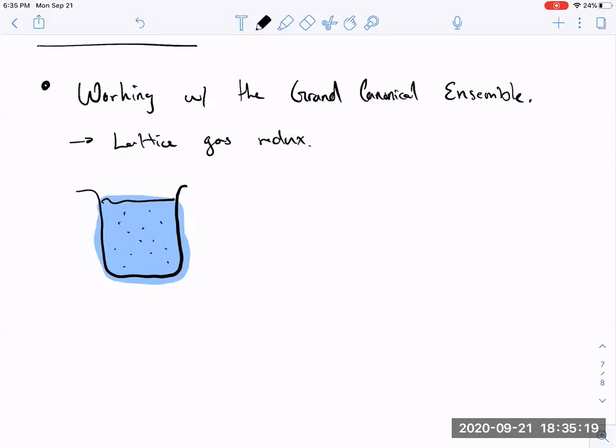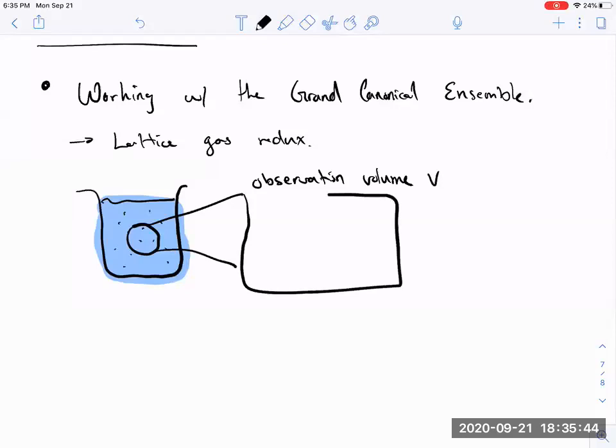And we wanted to understand some of the physical properties of that system. So in this case, let's pick out some piece of this beaker. Let's call that piece the observation volume, capital V. And as we do, let's imagine considering this volume gridded up into little cells.